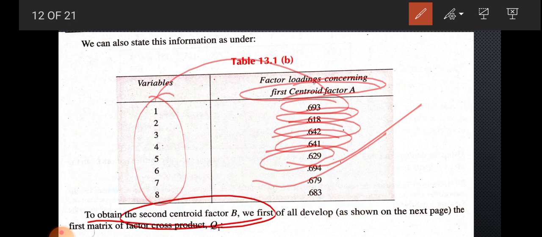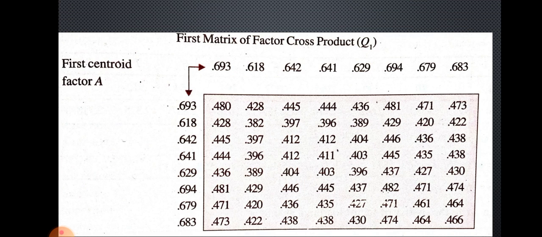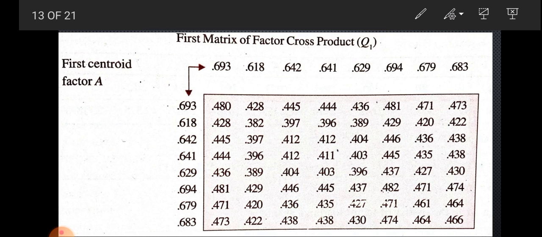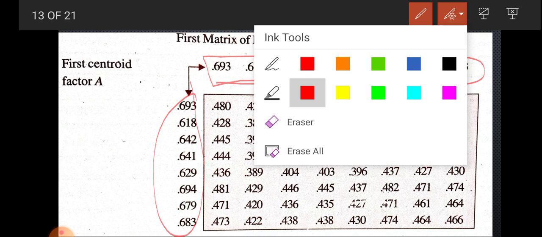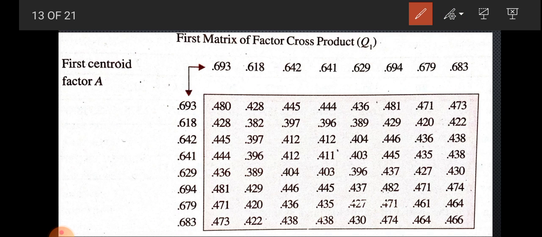Now we have to find out the second centroid factor. First of all we develop the first matrix of factor cross products. So what is the process? Here you have to write the first centroid, and here again you have to write the first centroid, and do the cross product. Cross product means 0.693 is multiplied by 0.693, then whatever the result will be, you write here.